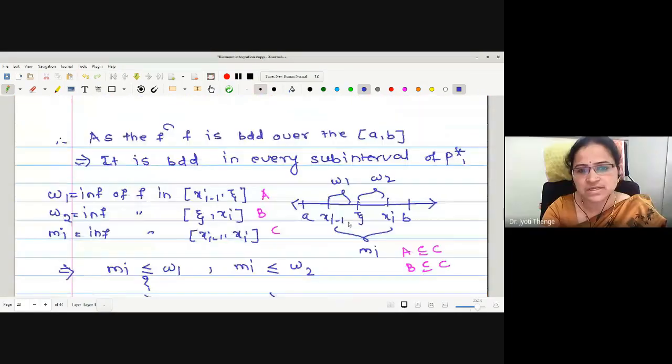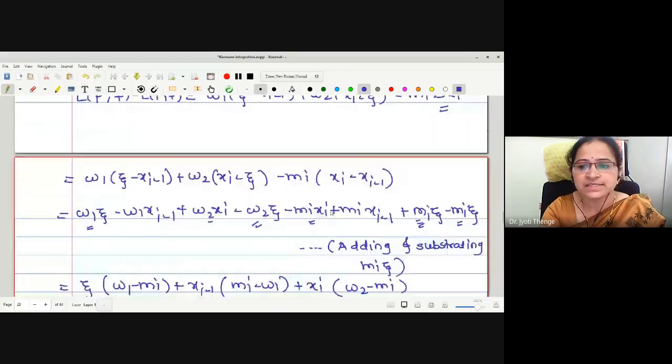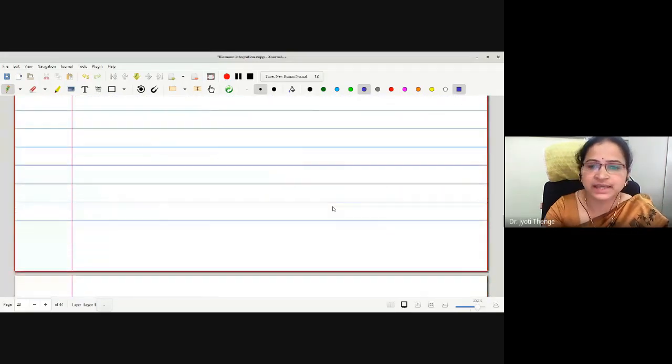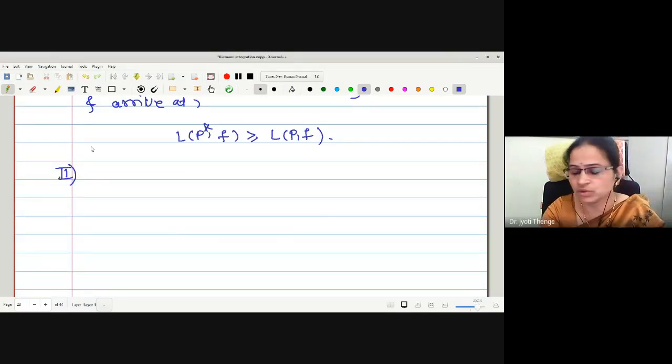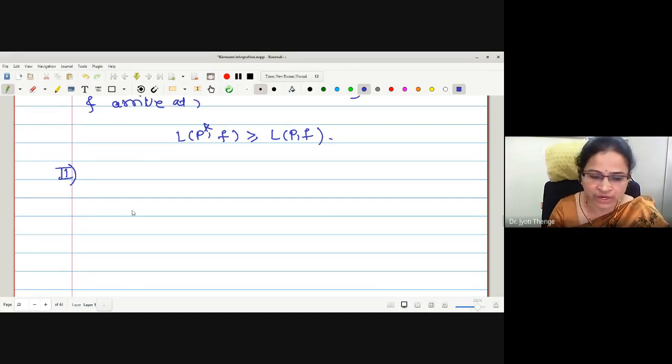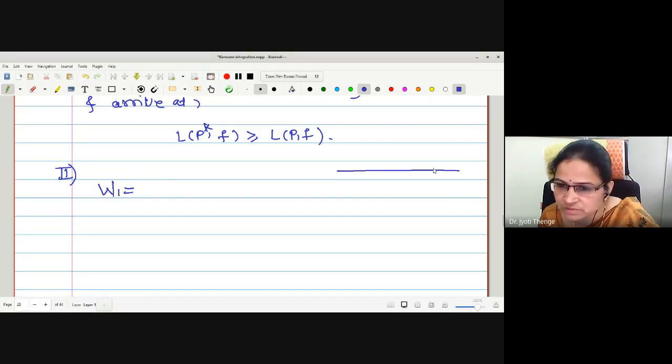Okay, good. We will go for the second part of the proof. The second part is continued similar to the first part. Again, we are going to consider 1 point extra in the ith subinterval. I don't want to repeat all the previous points. We will just jump to writing the suprema values in those subintervals.